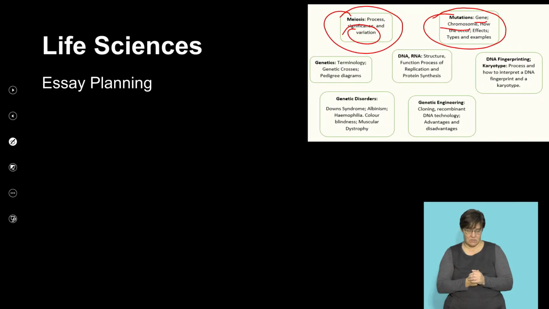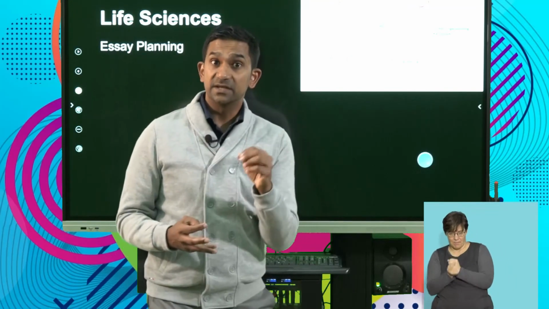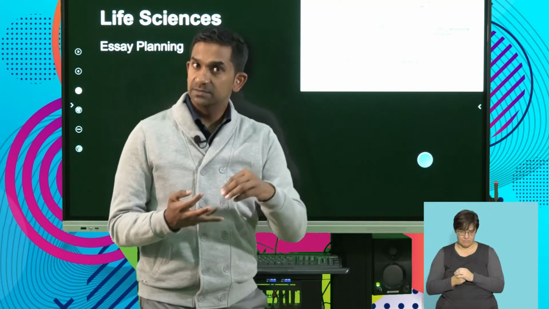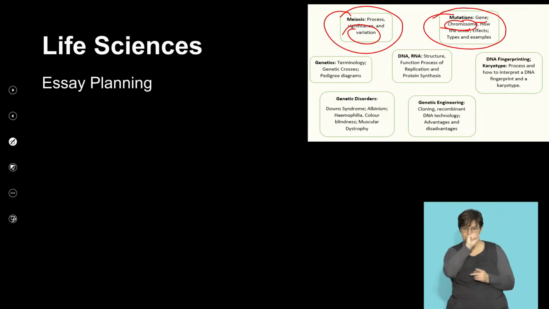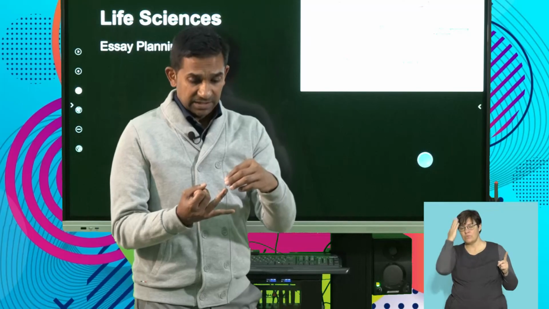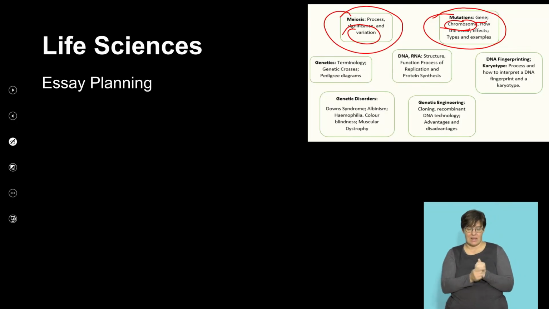We also know that there are chromosomal mutations. So again, how do these occur? Non-disjunction during meiosis, and talk about some examples: Down syndrome, Klinefelter, Turner syndrome. Again, know how they occur, the effects and examples of them. Again, a possible subtopic in an essay.